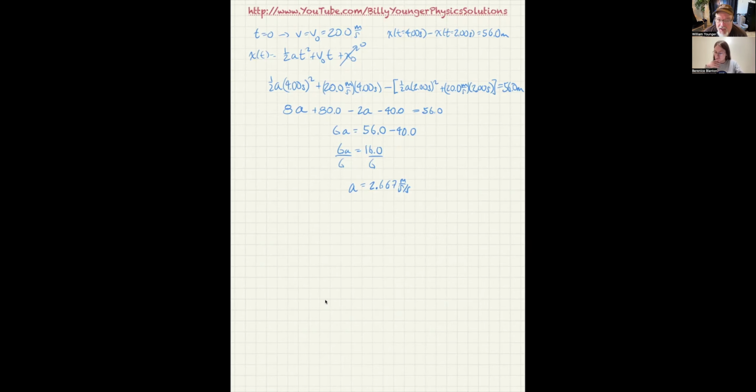So when I did that, then I just had to do that equation evaluated at t equal 4 seconds minus that equation evaluated at 2 seconds. And that should give me a result of 56 meters from the problem. Notice the big thing was putting those brackets around the x of 2 seconds, because if you didn't do that, that would be a very easy way to make a boo-boo because you'd forget to distribute the negative.